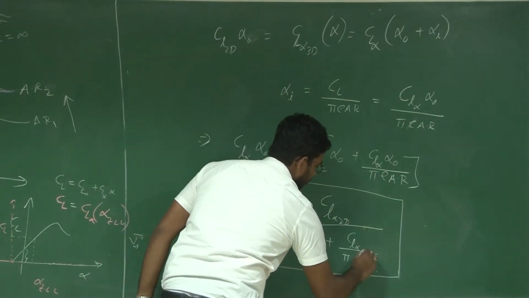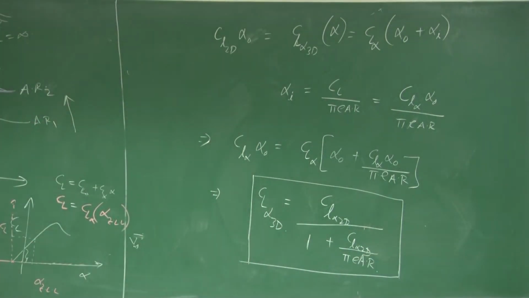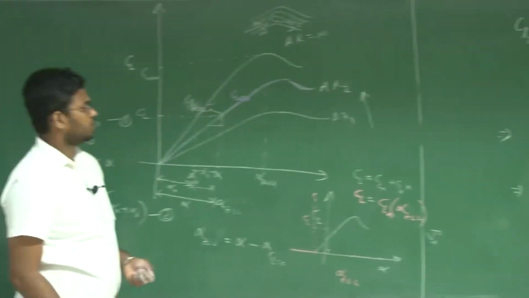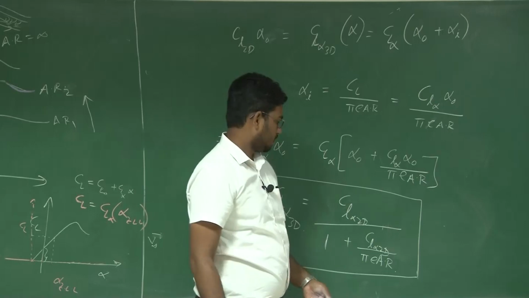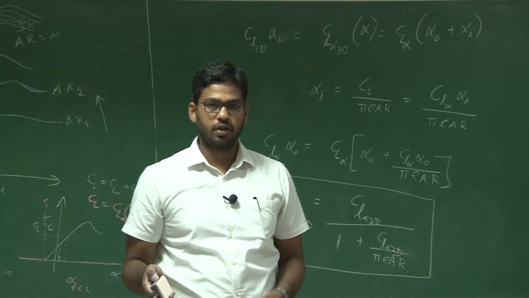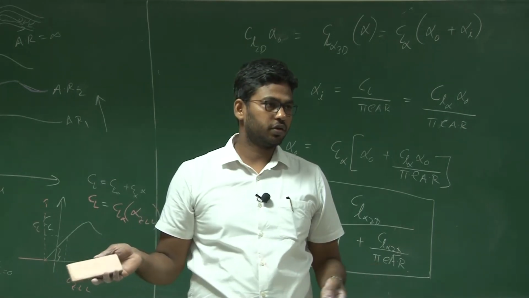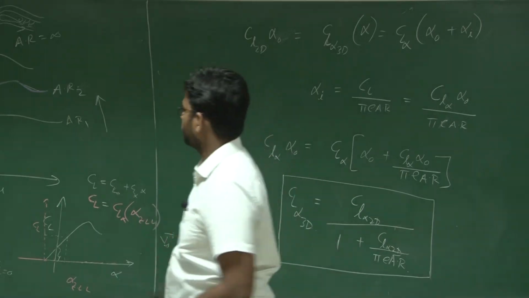Again, 2D and 3D to complete this equation. Now let us look at some examples where you have the 2D data, that is airfoil data, and a planform, and you need to find the corresponding CL alpha of the 3D wing.